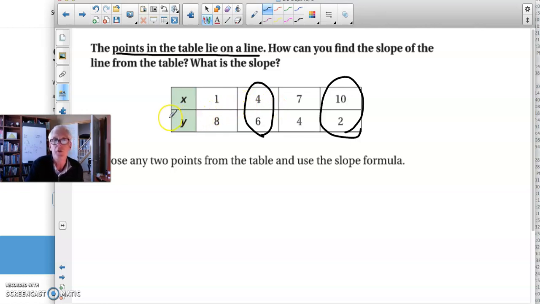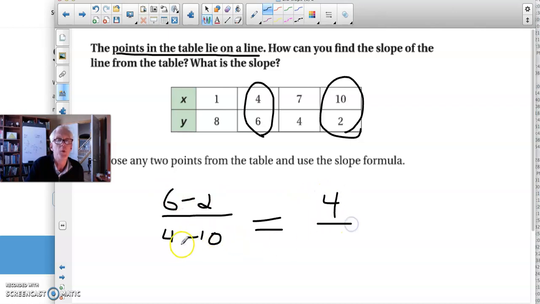So tables, if you're careful, are another pretty good way to find slope. For the slope here, 6 minus 2 is the change in the y value, the change in the rise. 4 minus 10, see how I'm going the same way? 4 minus 10 is the change in the run. 6 minus 2 is 4. 4 minus 10 is -6.